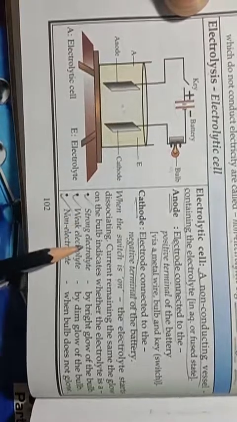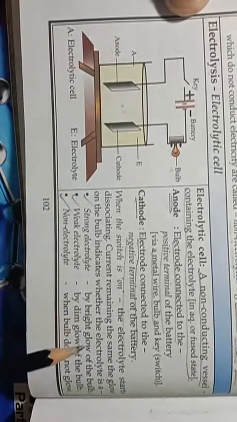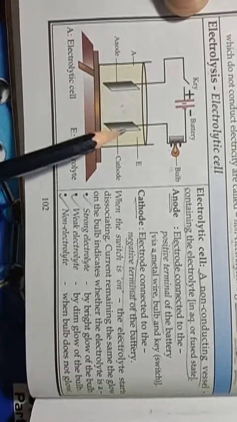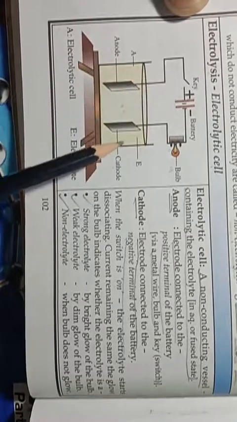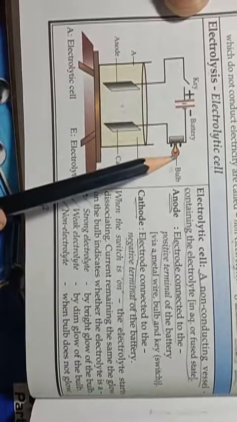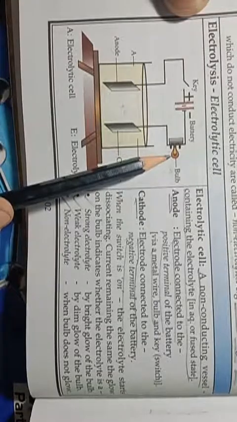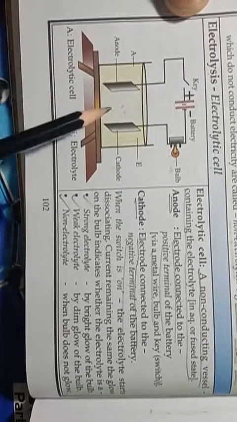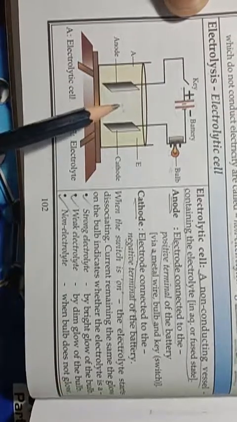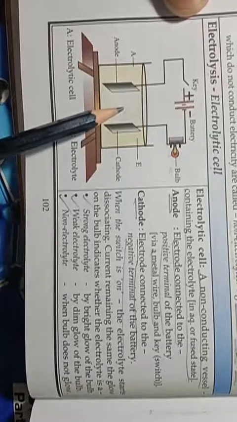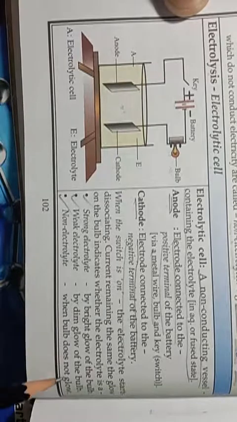A strong electrolyte we can identify by a bright glow of the bulb. When the electrolyte is strong, a high amount of electricity passes through this circuit, and that is why the bulb glows brightly. If the electrolyte is weak, then there is a dim glow of the bulb. And if a solution of any non-electrolyte is present here, then the bulb does not glow.